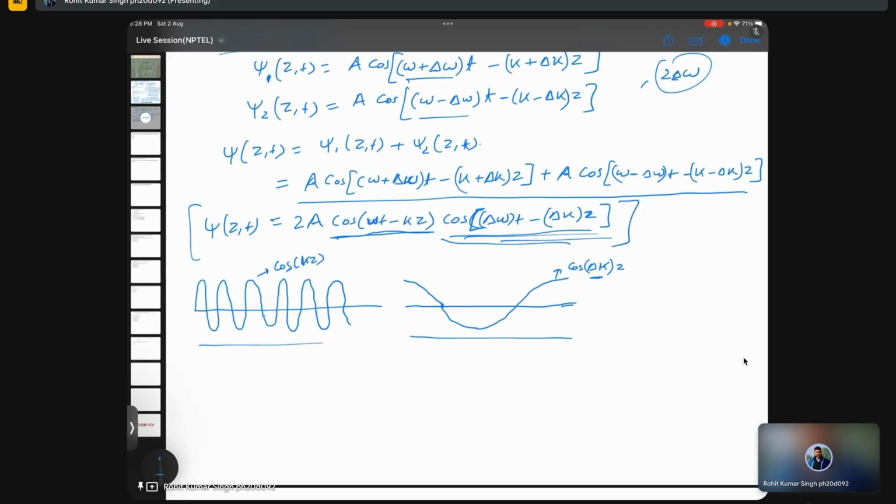And because this is delta omega, we have assumed it is smaller than omega. So we have assumed delta omega smaller than omega. Everyone is fine with this? So I have drawn these two functions differently. Now what happens when we combine them? And how to combine them?